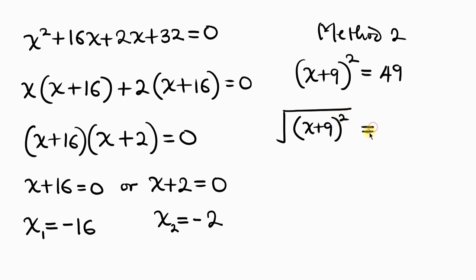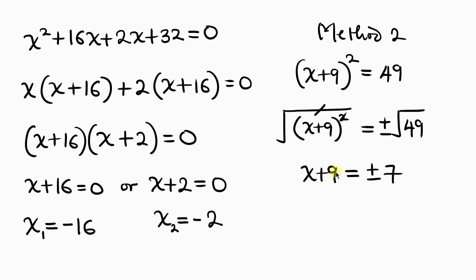This is equal to, now taking the square root of the right, we put plus or minus the square root of 49. Now notice that square roots can cancel out the square, leaving behind x + 9 on the left-hand side. This is equal to plus or minus the square root of 49, which is 7.